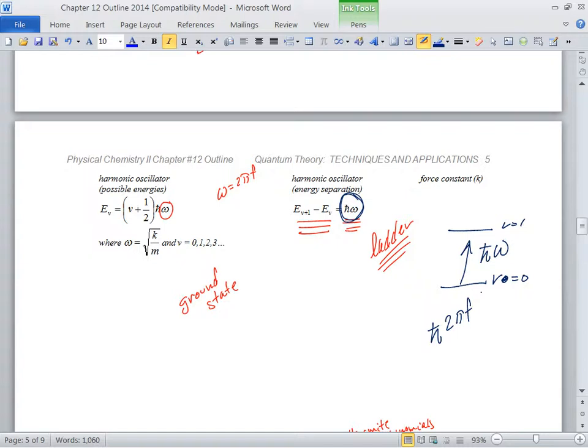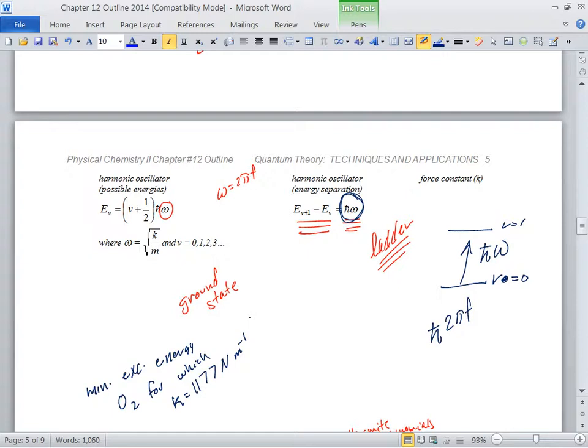Part B is the bond between two oxygen atoms, in which K is 1177 newtons per meter. Again, minimum excitation energy. I'll just say O2, so that's between two oxygen atoms. That's the second part of the problem.